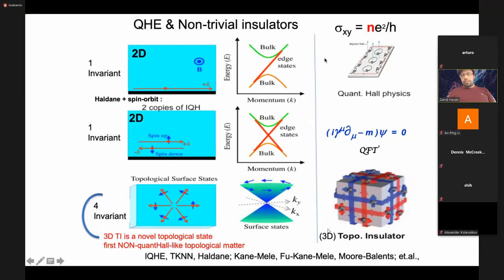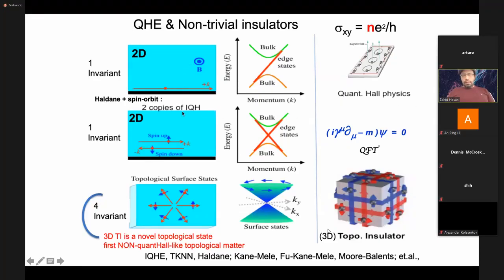So this ground state is described by a single invariant, a Chern number, or TKNN number, if you want to call it that. So this is the first example, at least in condensed matter physics, of a topological state in a multi-particle system.